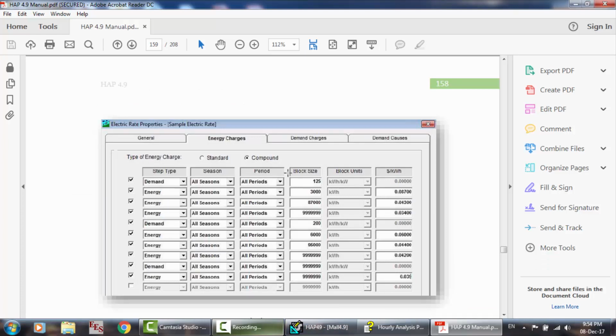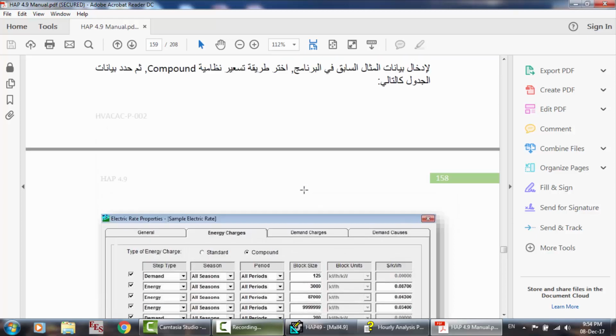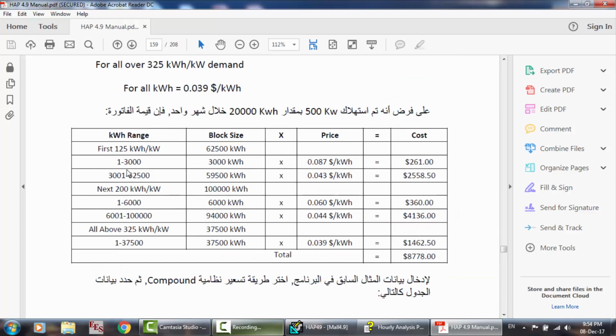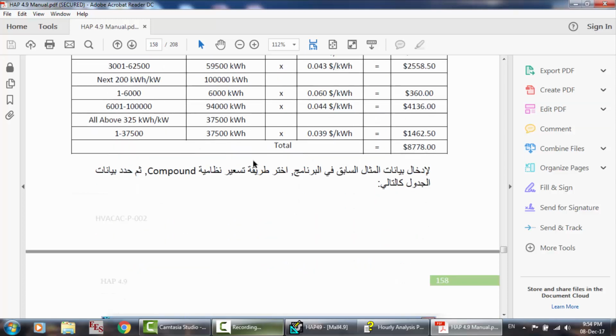So here, gentlemen, how to input the data. The first demand 125, here the block size for all periods, all seasons, and the first energy here 3,000 as a block size, as you see here.